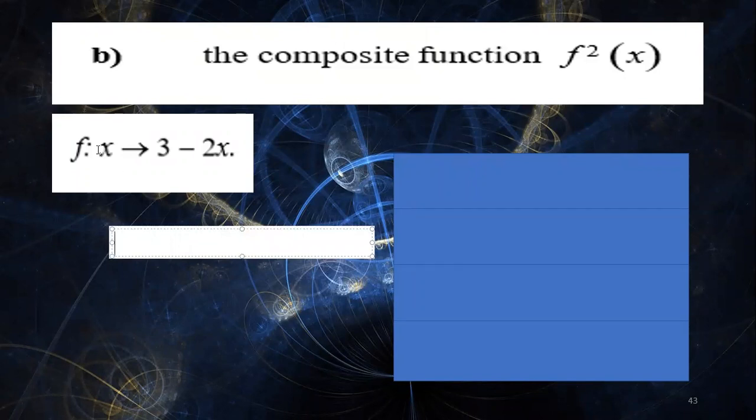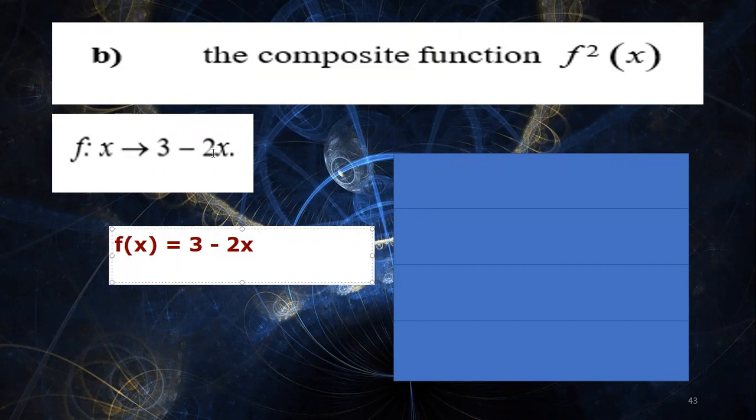So don't forget f of x maps onto 3 minus 2x, which is the same as saying f of x is equal to 3 minus 2x. Now, f2 of x means function of a function of x.